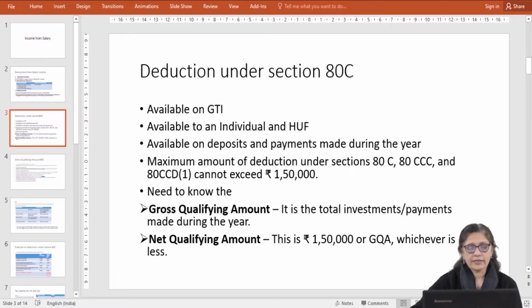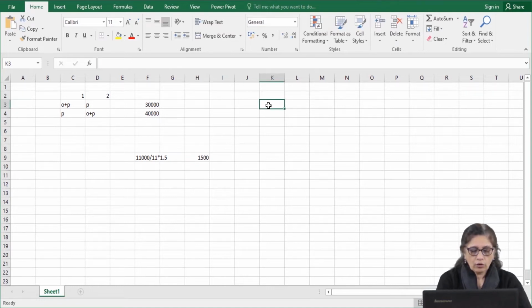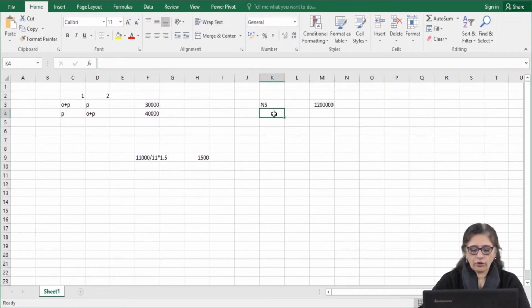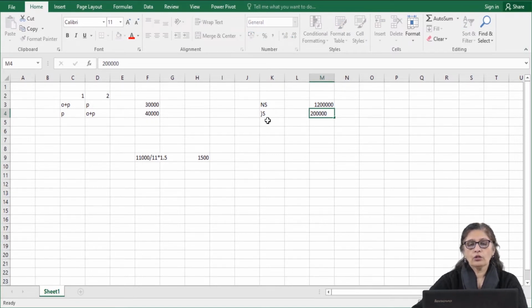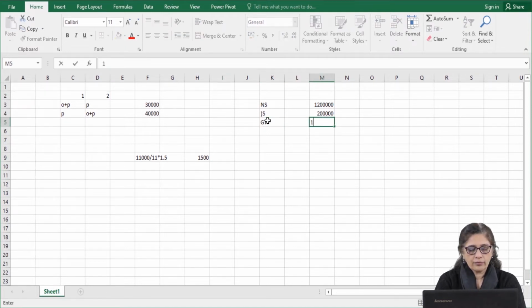On this net salary, let's say your net salary is 12 lakhs, and your income from other sources is, let's say, 2 lakhs. So your gross total income becomes 14 lakhs.